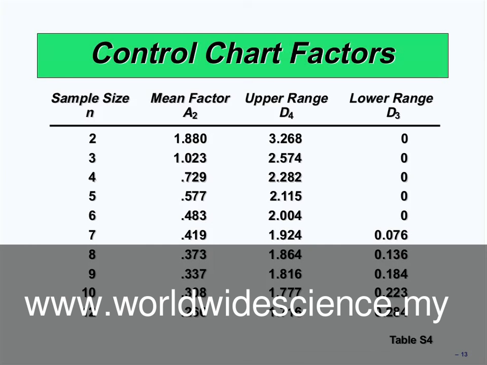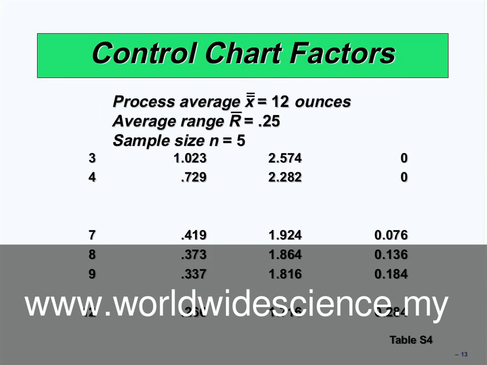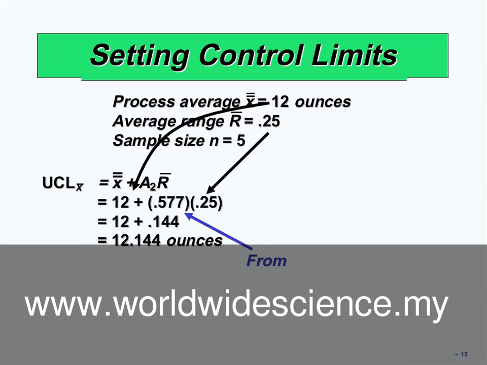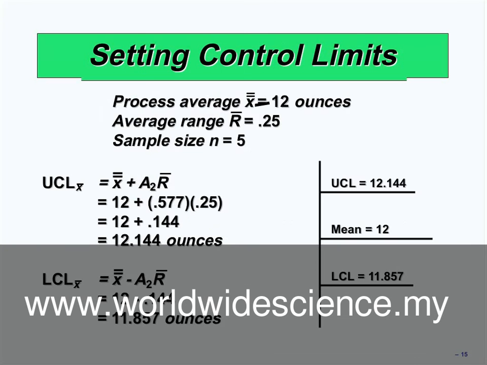You can replace in this formula. X bar has been given to you as 12, plus A2, extracted from the table with regard to n equal 5, times R bar, which is 0.25.